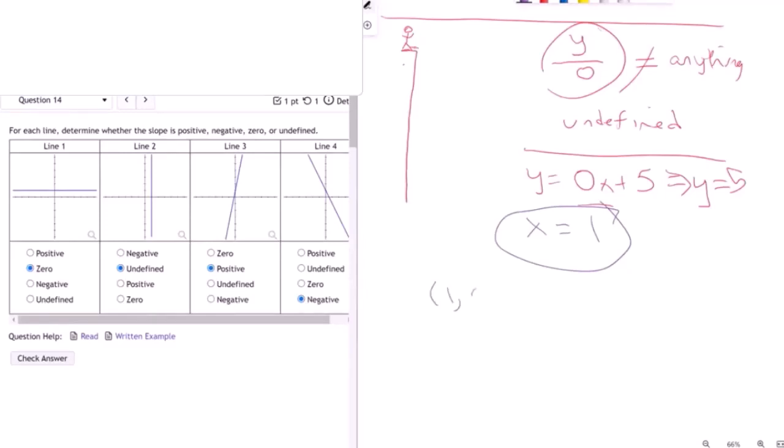What else? It can be any number. It could be 1, it could be 2, it could be negative. It doesn't really matter. If I plot a point 1, 0, it's right here. 1, 1, 1, 2, 1, 3, 1, -1. And then I have a straight up and down line.